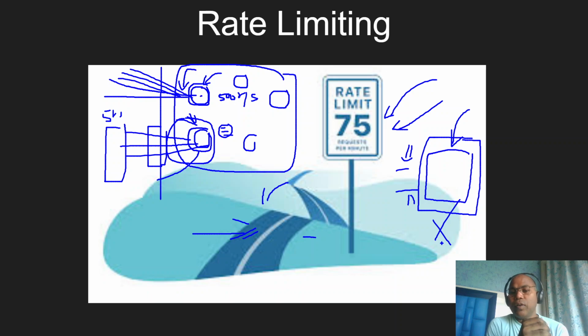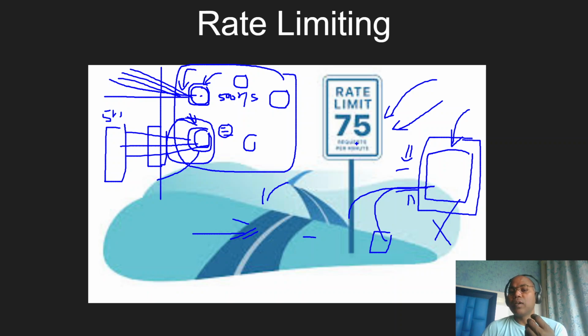Another scenario is that my system might be more capable, but we are running a business. Customers pay, so I might decide that a particular customer has only purchased this kind of subscription, this many concurrent requests, or this much data that can be processed.